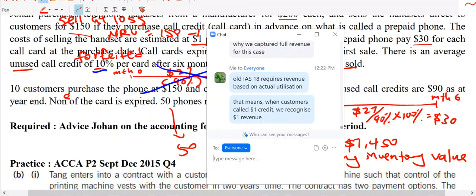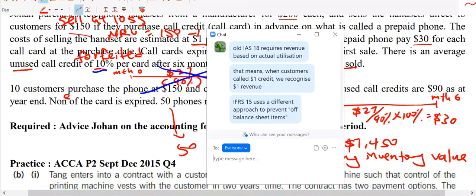The old account, we don't learn IAS 18 anymore. We are using IFRS 15 now. So the old version is easily understood: if the customer uses a credit of $1, then we recognize $1 revenue. IFRS 15 uses a different approach to prevent off-balance sheet items.